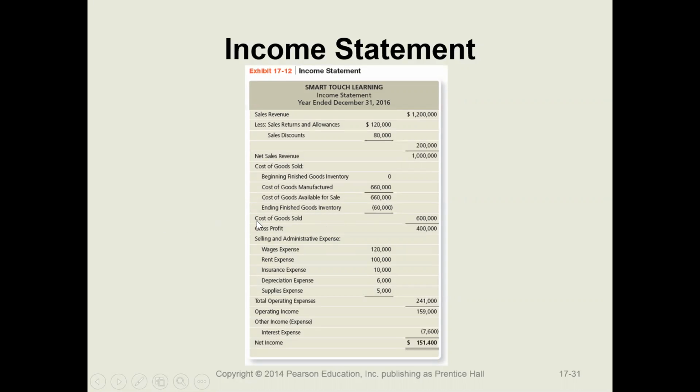Okay, so the computation of cost of goods sold is this format right here. Beginning finished goods inventory plus cost of goods manufactured equals cost of goods available for sale minus ending finished goods inventory equals cost of goods sold. Okay, so that's the main thing I want you to get out of this particular slide.